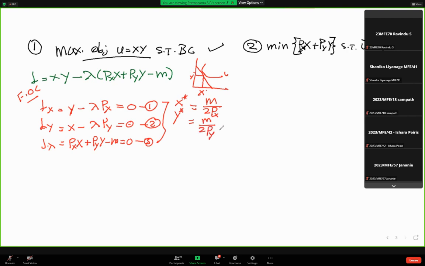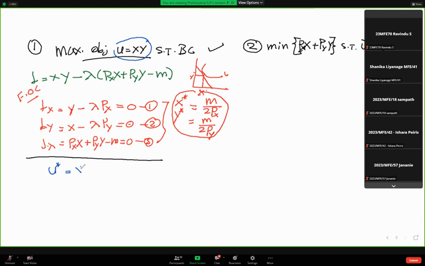So those are the optimal values we have. Using these optimal values and plugging them into the objective function, our objective function is the utility, then this objective function becomes the optimal value. That's what we call the maximum value function.